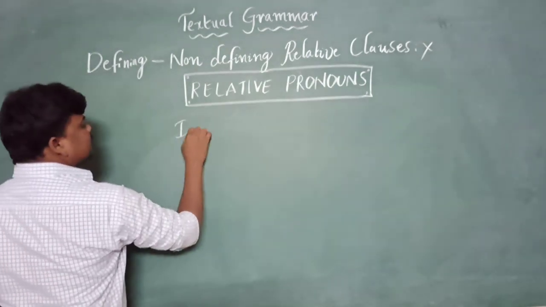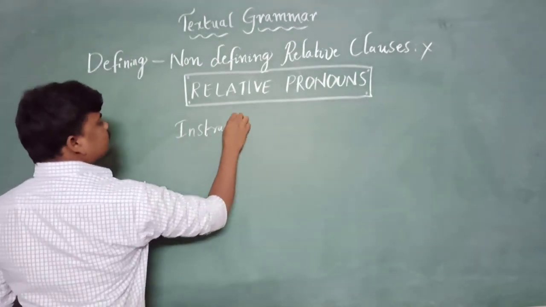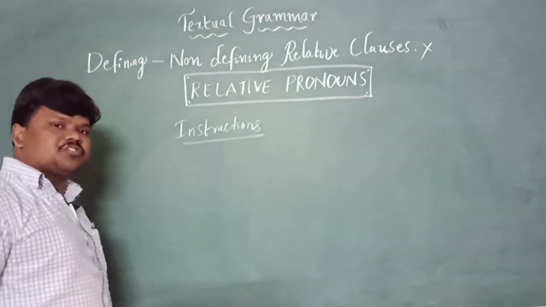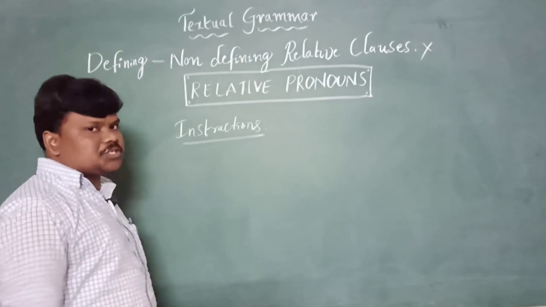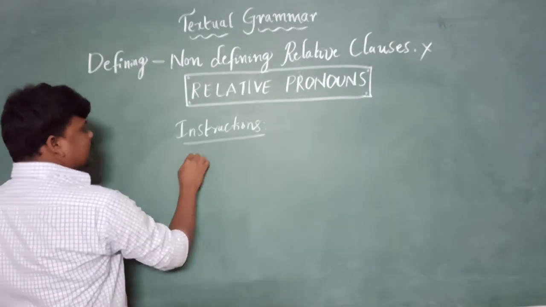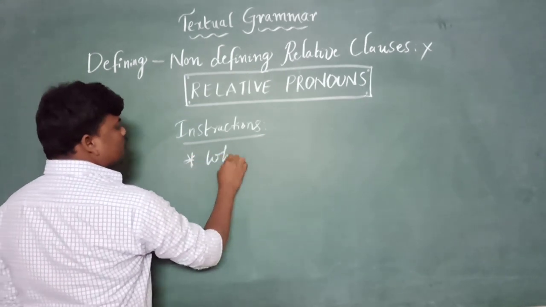Before going to combine the two sentences, let me give some instructions. If you go through the instructions, then even in case of my absence you will understand very easily without any doubt. Let's get into the first one.